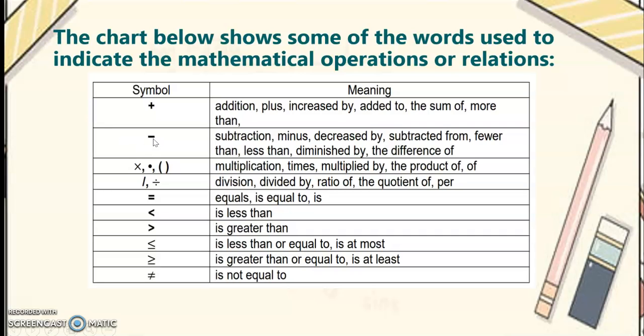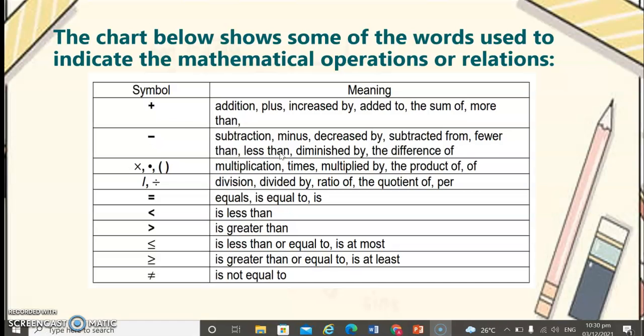Here, this one, of course you know this, it is subtraction. It can be minus. Decreased by, subtracted from, fewer, fewer than, less than, diminished by, which is another term for decrease, and the difference of.